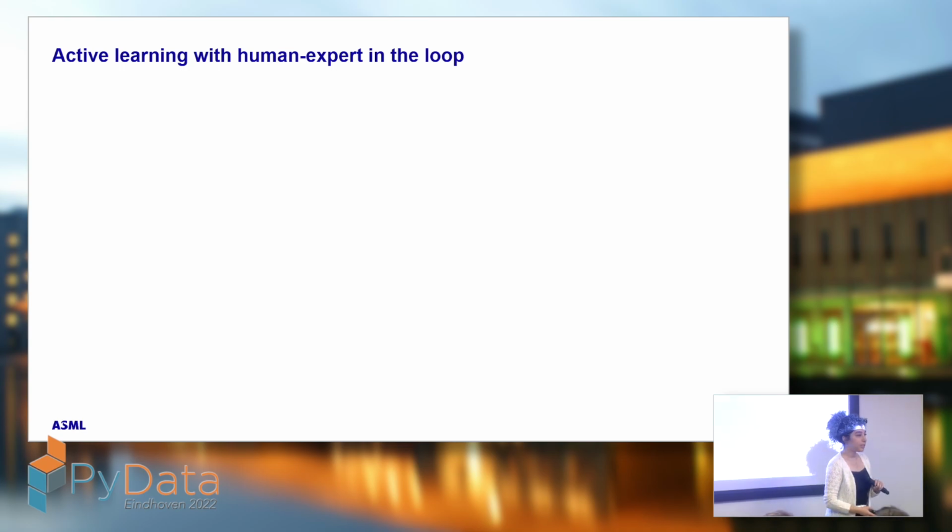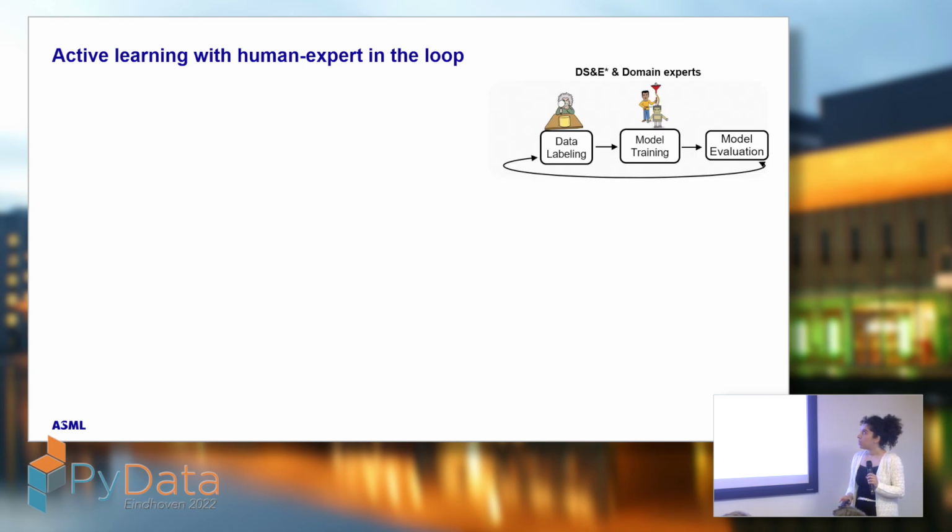Yeah, so when it comes to machine learning and data science, we gain our knowledge from active learning with a human expert in the loop. We at DSNE, Data Science and Engineering, have a very close collaboration with various domain experts from every step of modeling, from data labeling to model training to model evaluation.